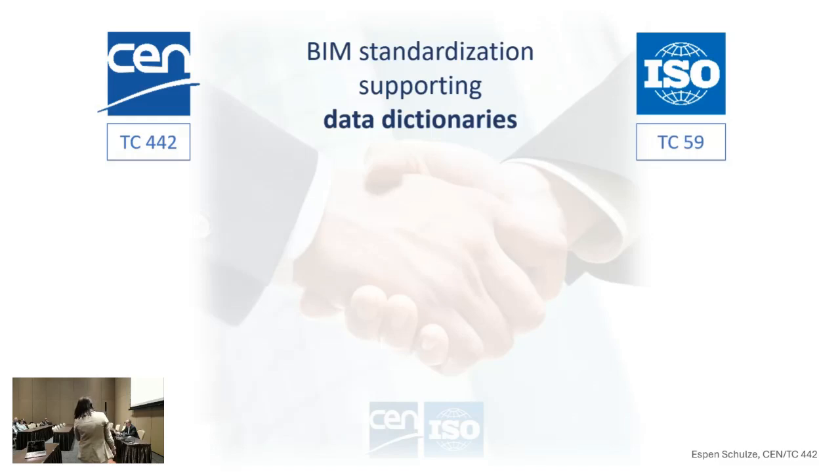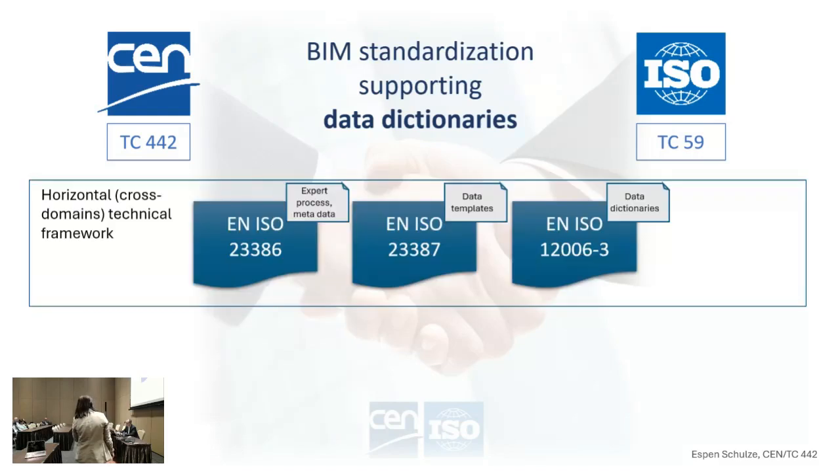Those bodies are also working in BIM standardization to support the data dictionaries. And here, as a manufacturer, I understood that we already have some cross-domain work on ISO 23386 and 23387, which concern our product data information.